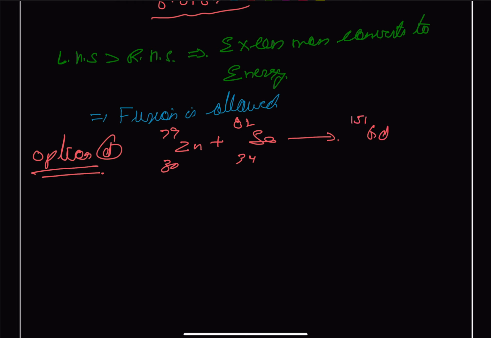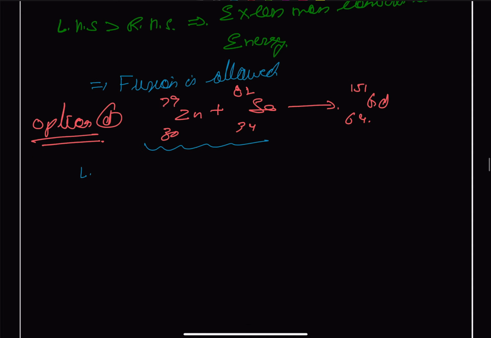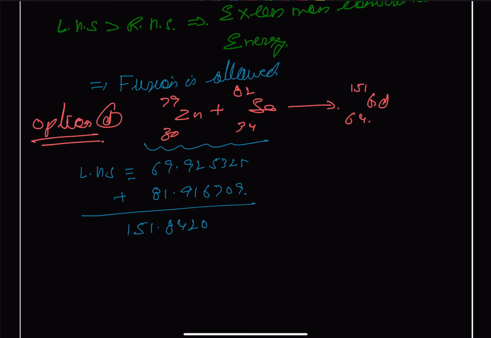And this comes as 64. Similarly, their mass, that is the left hand side, will be equal to, we have this as 69.925325 plus 81.916709, and this total comes as 151.842034.